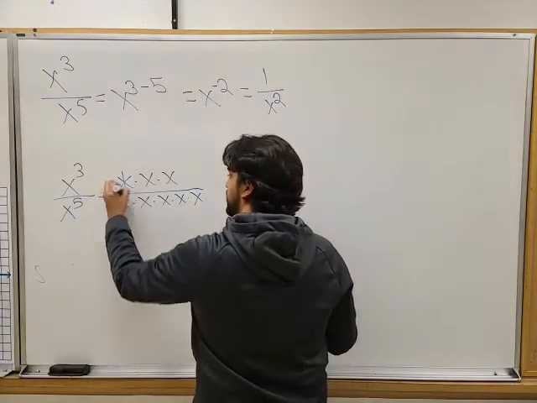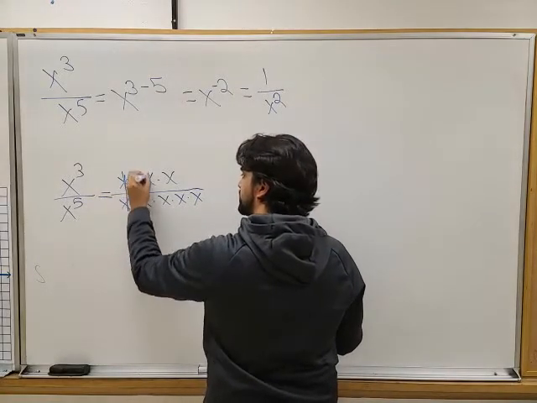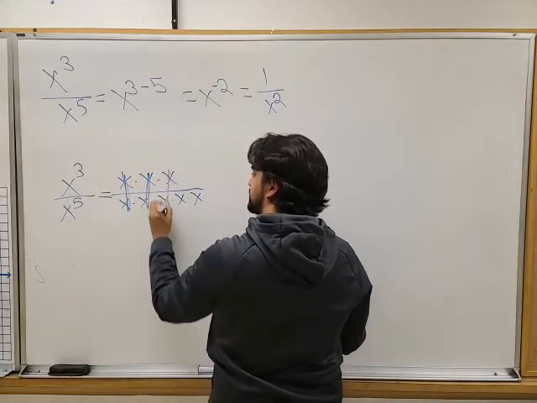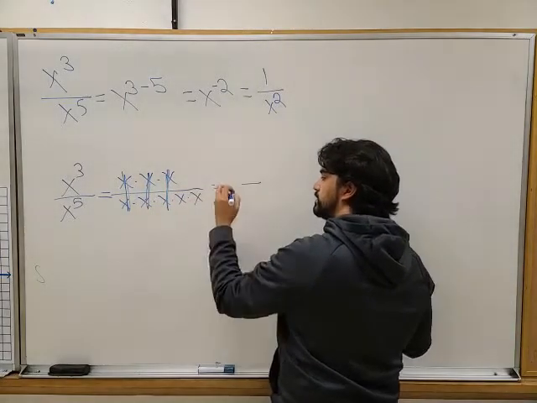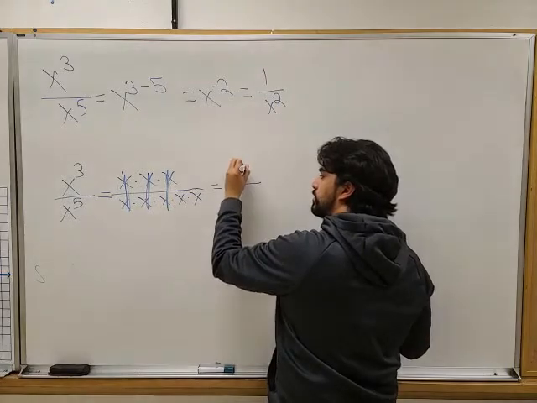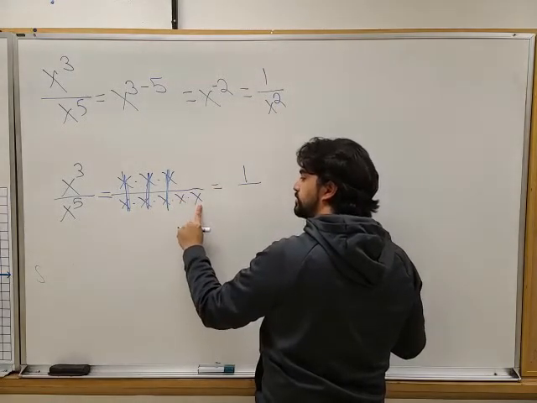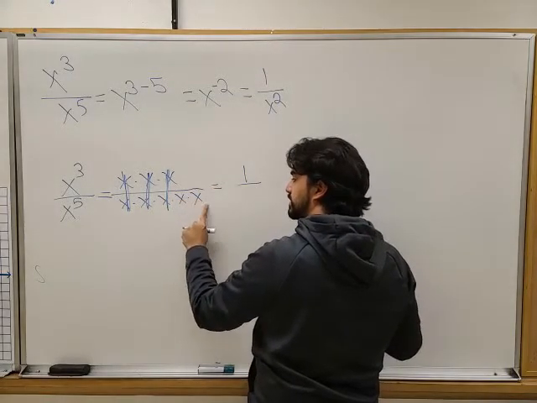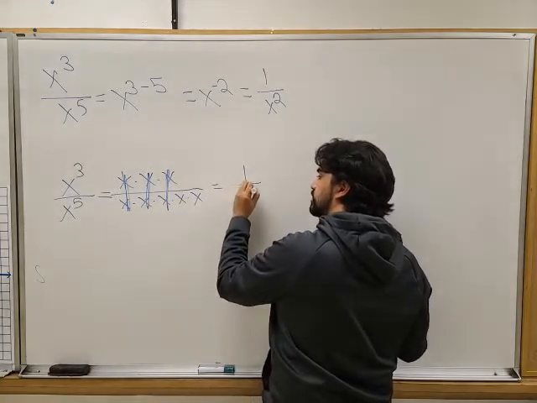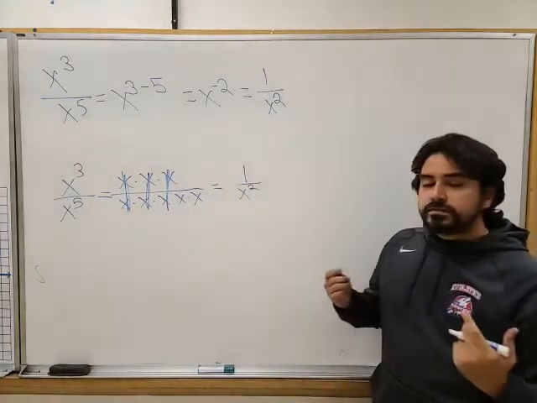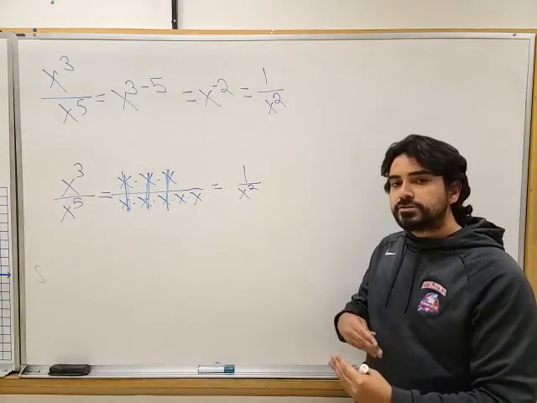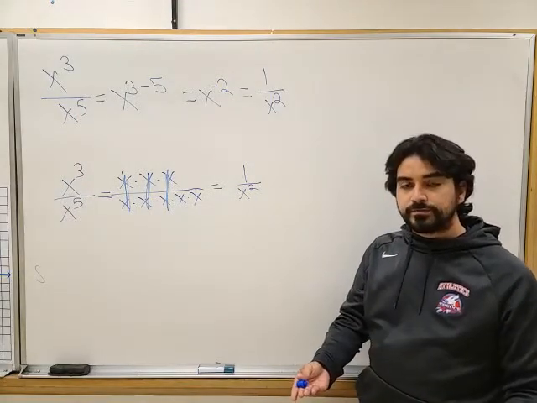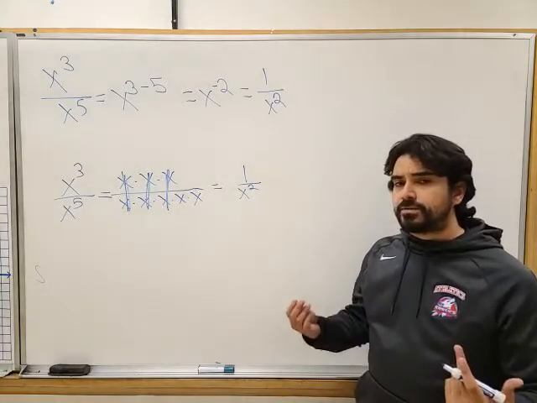So x divided by x is 1, three times. We're left with 1 on top, and on the bottom we're multiplying x times x, which is x squared. So remember, whenever you have a negative exponent, we're always going to try to find the reciprocal. Let's go ahead and try another problem.